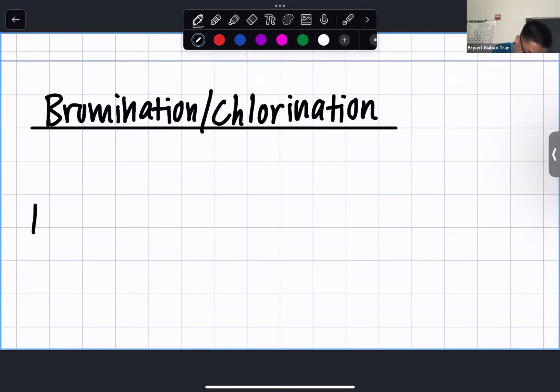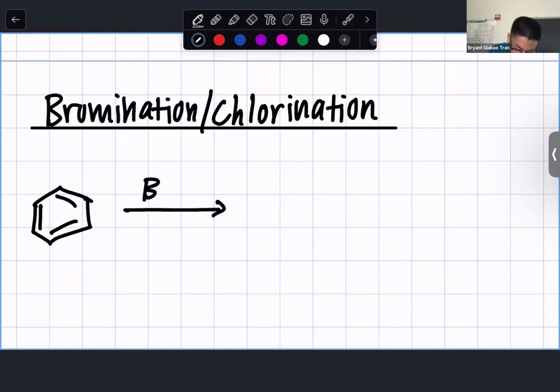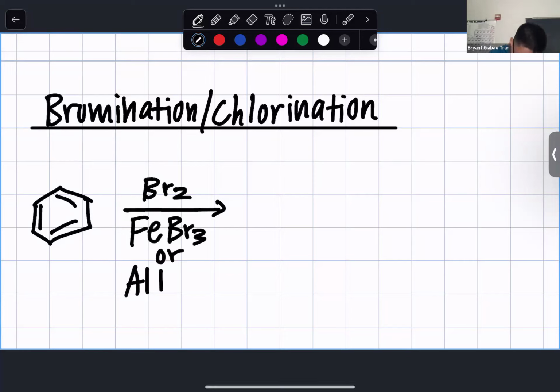So the general reaction is that if we have a benzene ring and react that with Br2 or Cl2, let's choose Br2 in this example. This has to react with a metal catalyst, so it has to be either iron FeBr3, or aluminum AlBr3.